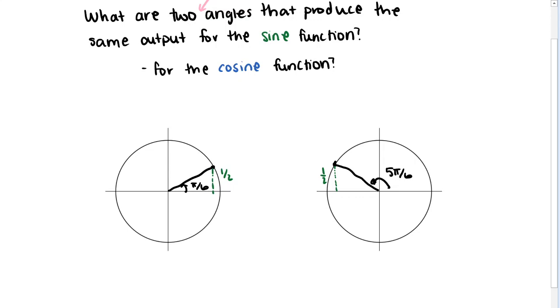Really, we're looking at the same short side of the 30, 60, 90 triangle. These are 2 ways you can fit them into this picture above the x-axis. So we get the same y value of 1/2 for both of these angles.